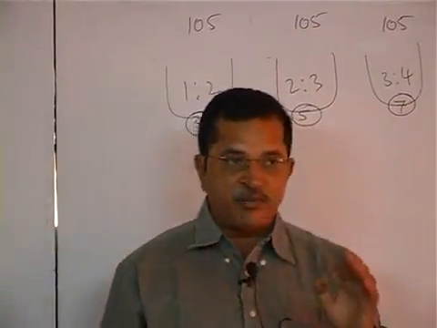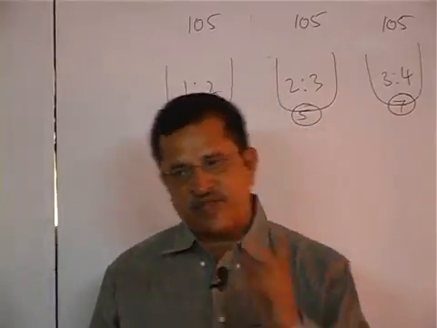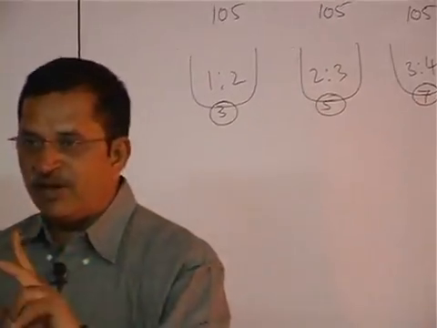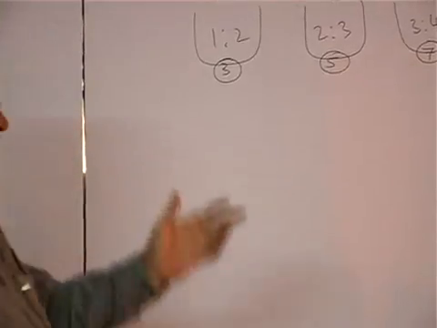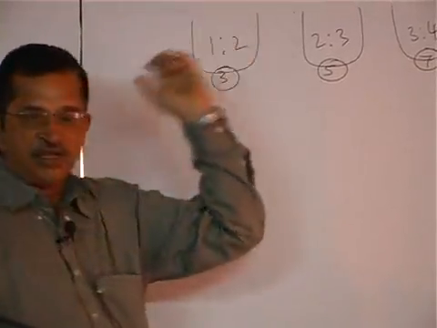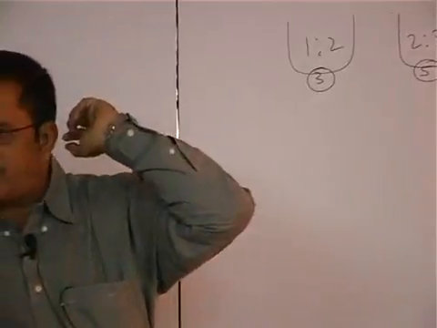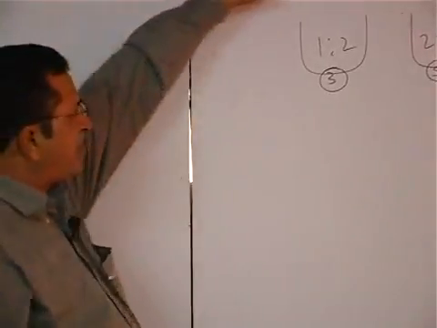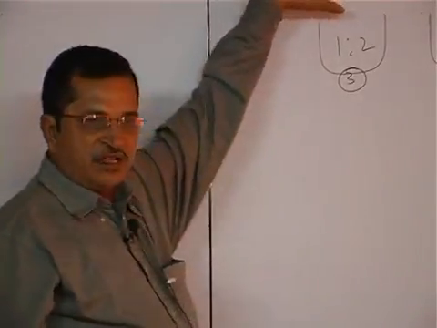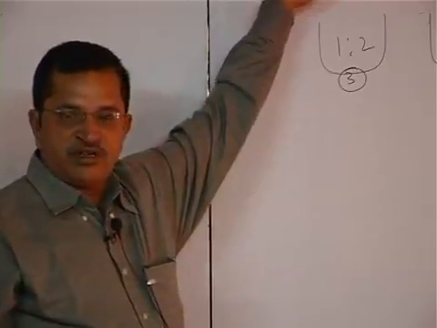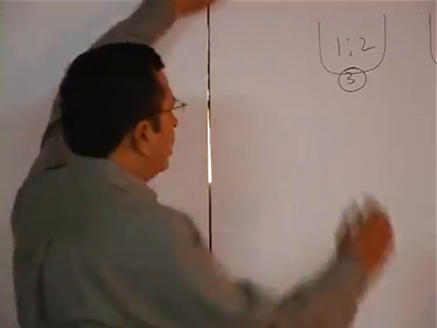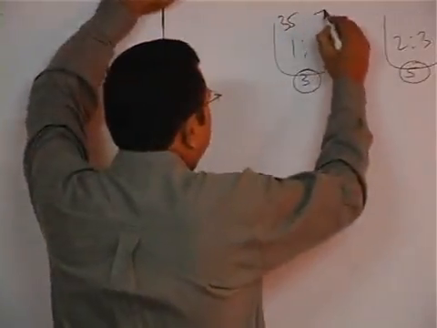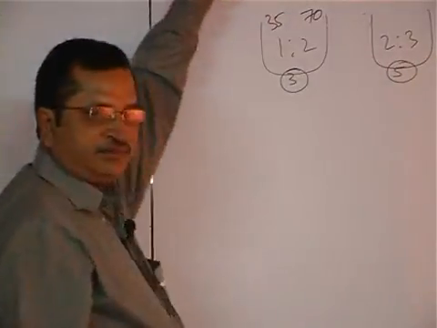That is the key point in these type of problems. Wherever you take equal, decide the equal capacity. Now it is easily divisible. In the first glass, what happened? This 105 liters is in the ratio of 1:2, means 105 can be divided here easily, is it not? 35 liters and 70 liters.